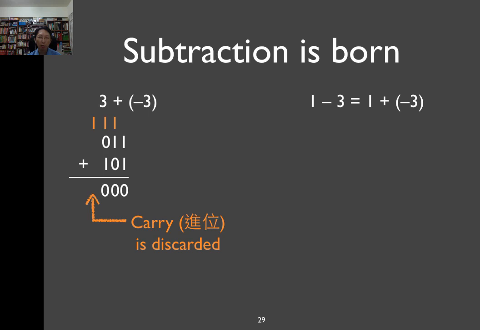It is actually 1 plus negative 3. It is 001 plus 101, and we got 110, and it is negative 2. So the result is consistent with the decimal representation.